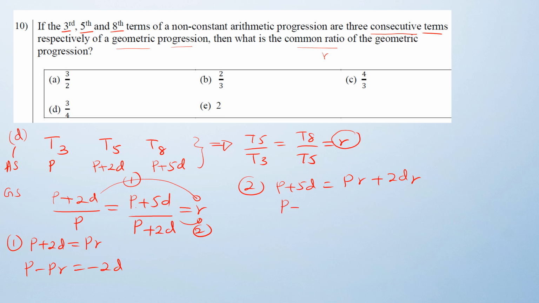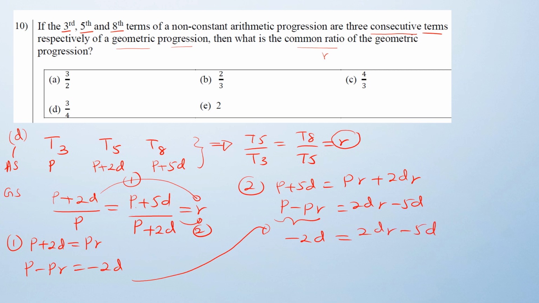So we have P minus PR here, 2DR minus 5D. We can substitute this in the left hand side. So P minus PR, we have minus 2D. Then there is 2DR minus 5D.